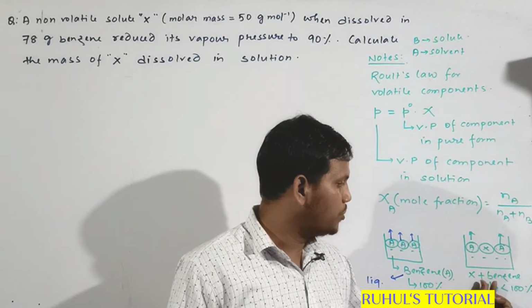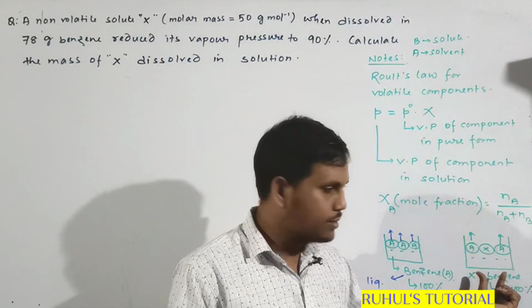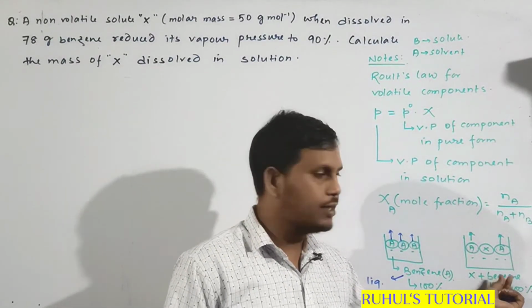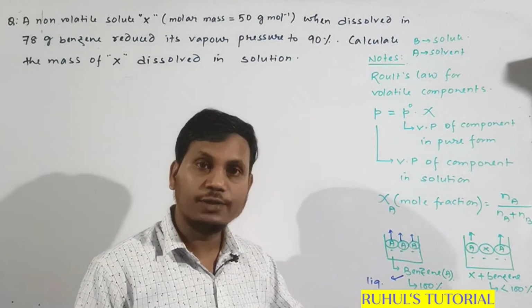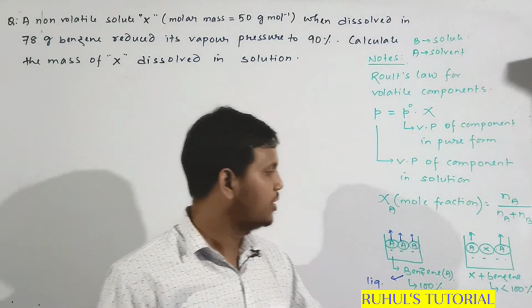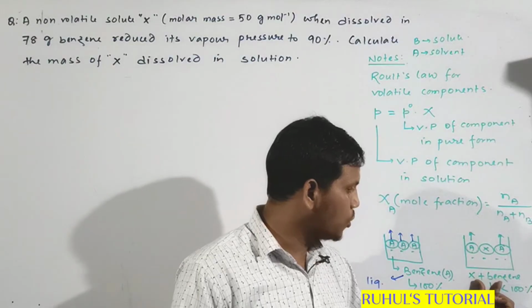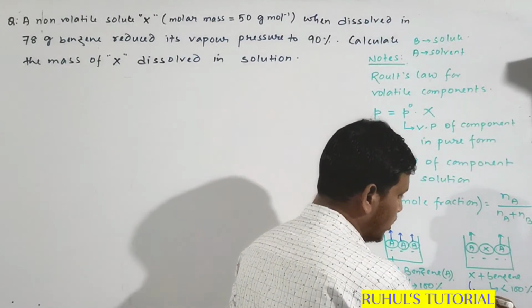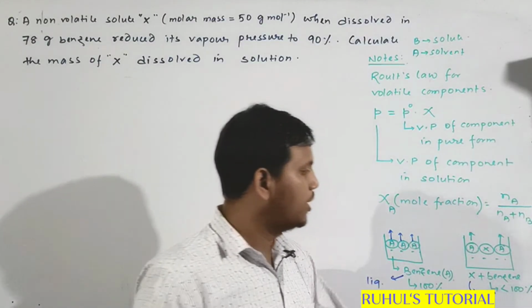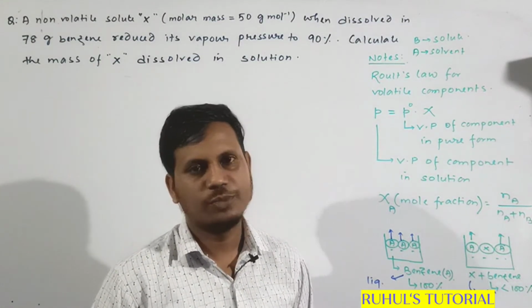So the vapor pressure of benzene will be less compared to its pure form. If the pure form has 100% vapor pressure, then benzene in solution, because X plus benzene means solution, will be less than 100%.